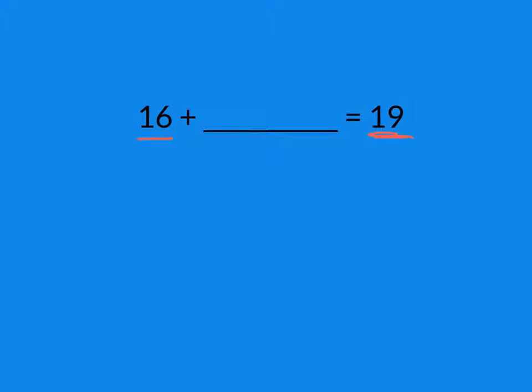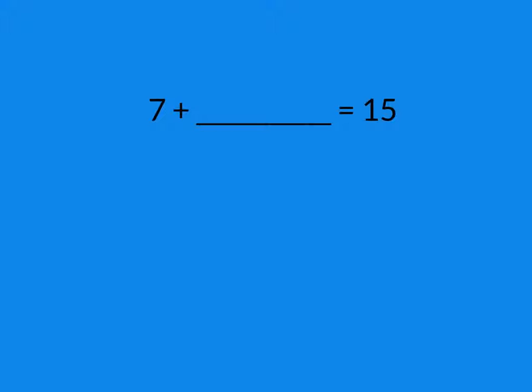So I'm going to count on 16, 17, 18, 19. So I can see my missing addend is 3, and I'm going to write a 3 there. You can also use counters if that helps you. You could do 2 strategies to find your missing addend. Let's continue on to the next practice problem.